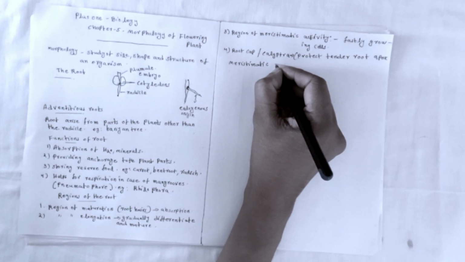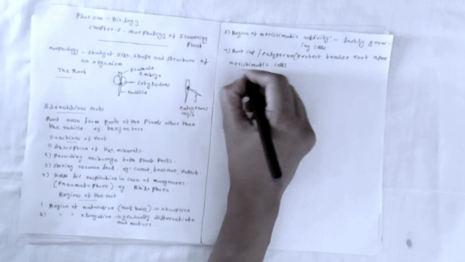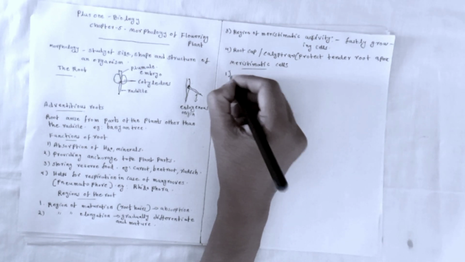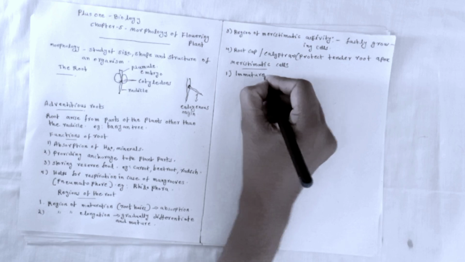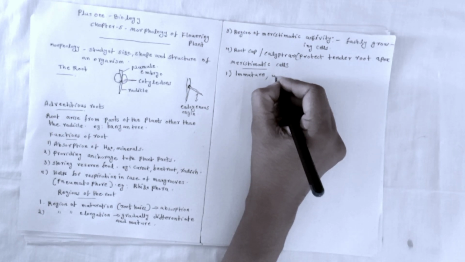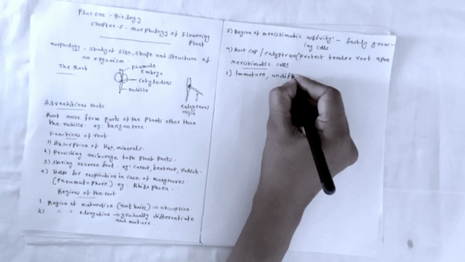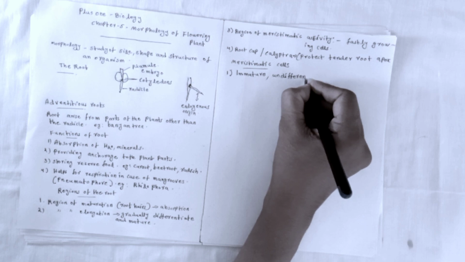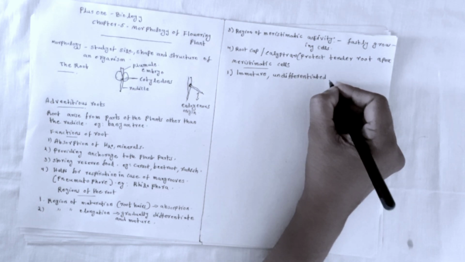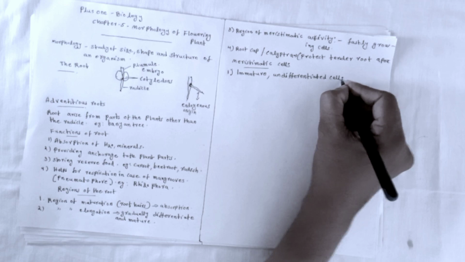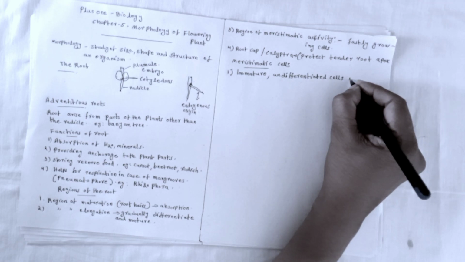Properties of meristematic cells. They are immature, undifferentiated cells without intercellular space.